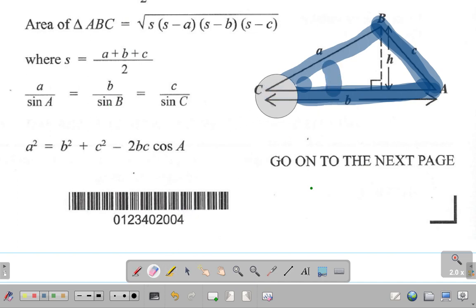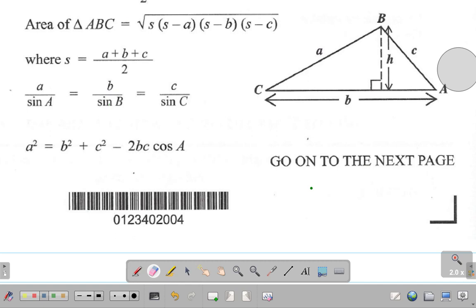Now that applies when you start with A squared. You could also apply it where you have B squared is equal to A squared plus C squared, minus 2 times A times C cos.